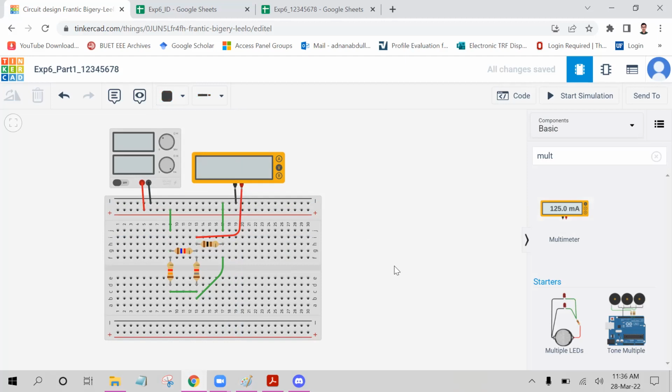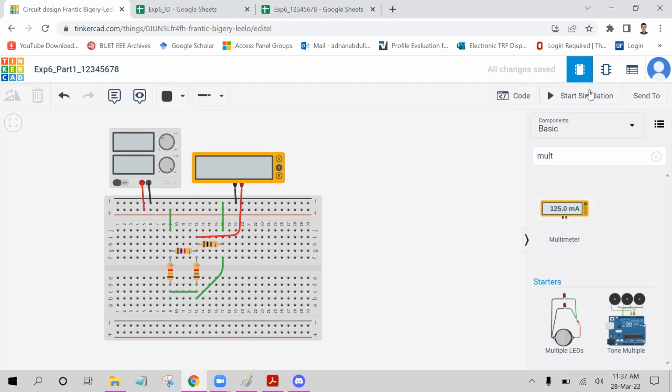So I just connected it with the negative end of the power supply or source. Is this connection clear to everyone? Yes, sir. Okay.